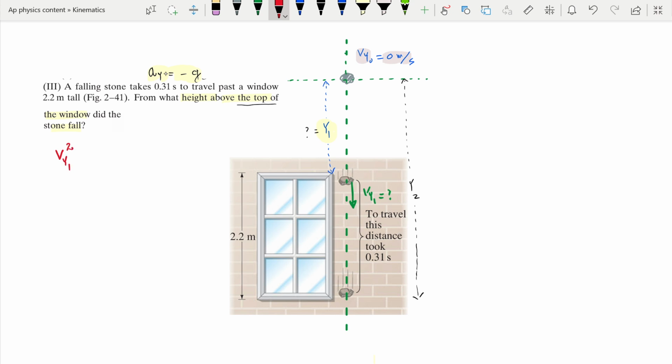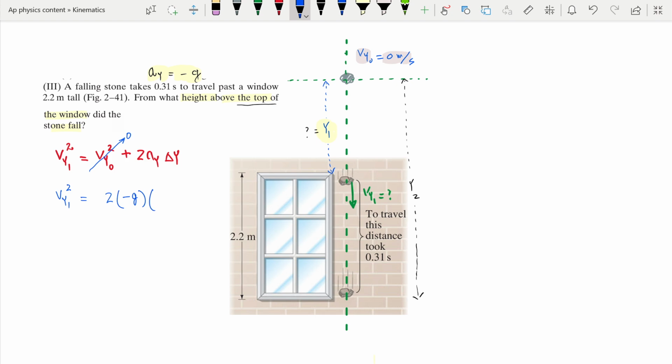vy1 squared, the final velocity squared, is equal to the initial velocity squared plus 2a delta y. So this is 0 because it started from rest, whereas vy1 squared is equal to 2 into negative g, into this delta y.